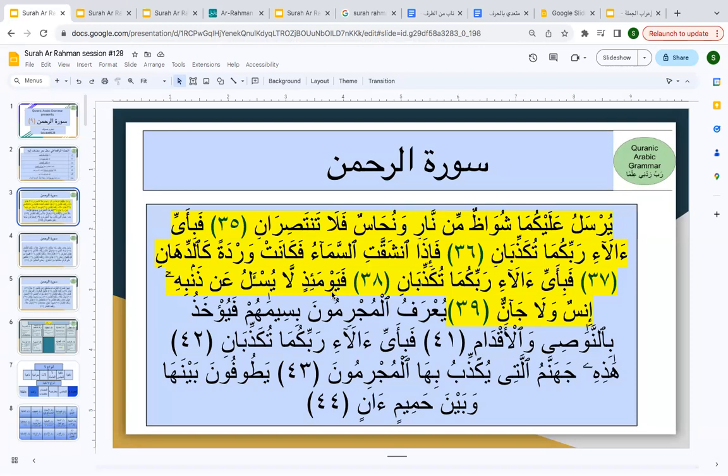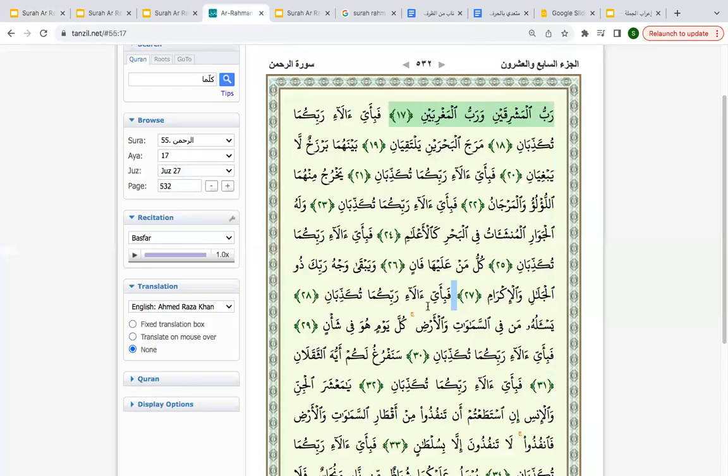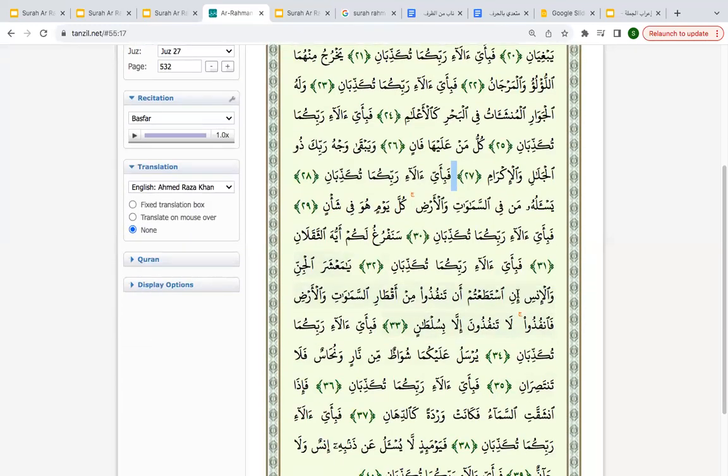If it is an amr or nahi, you will see it beginning with fa'ul rabita, and remember when we were doing this verse, إِنِ اسْتَطَعْتُمْ أَنْ تَنْفُذُوا مِنْ أَقْطَارِ السَّمَاوَاتِ وَالْأَرْضِ فَانْفُذُوا. So here, fa'ul rabita, because انفذوا was fi'l al-amr, and we are seeing fa'ul rabita, right? One of the conditions, right?